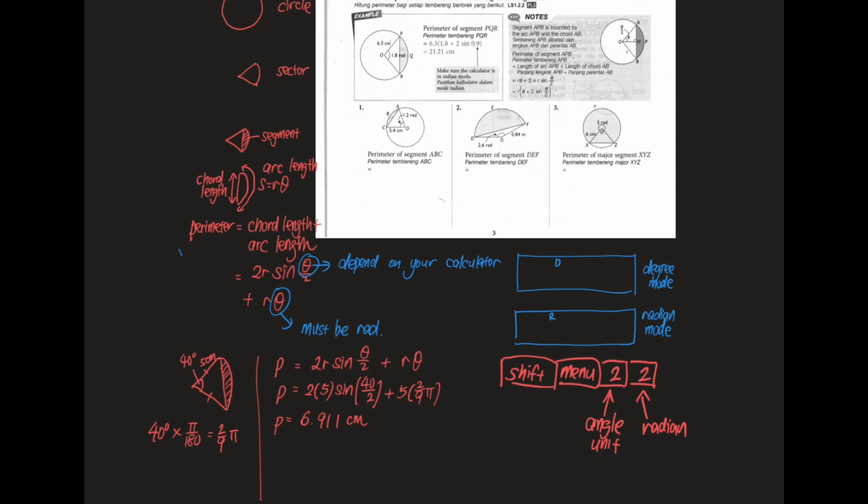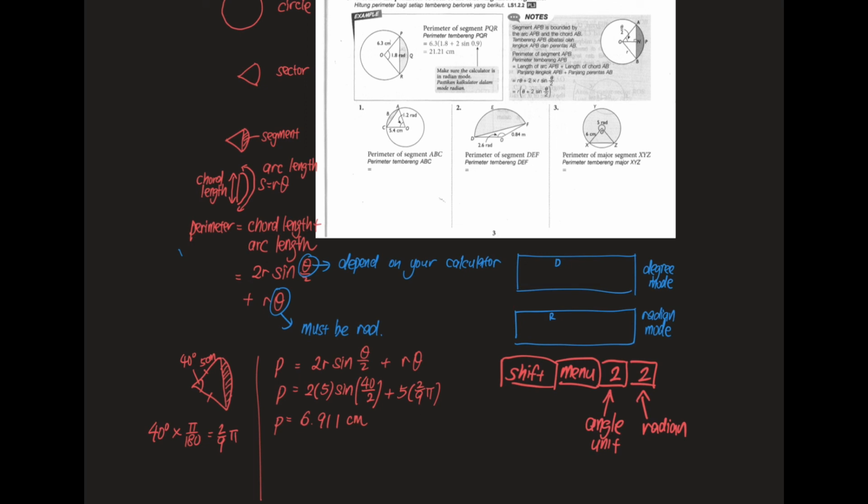After doing so, you will see the screen show R. But remember one thing, when you do mathematics, please change it back to degree mode, because in mathematics they never use radian mode. So you just press shift menu, angle unit, then change it back to degree, choose 1.